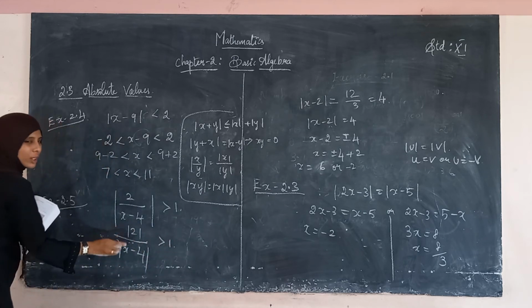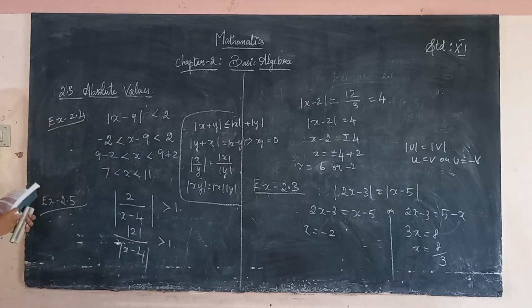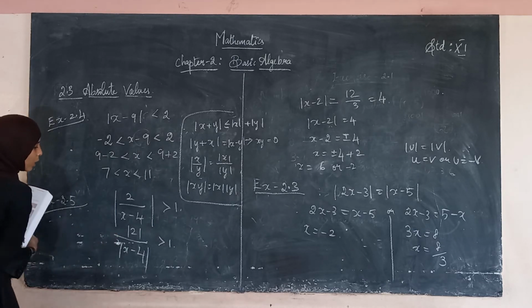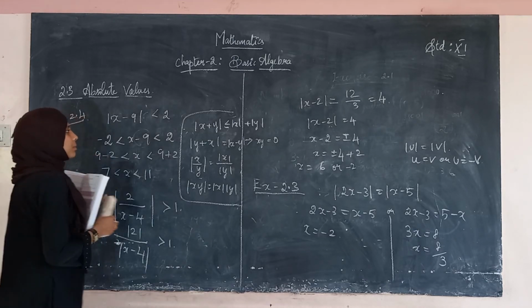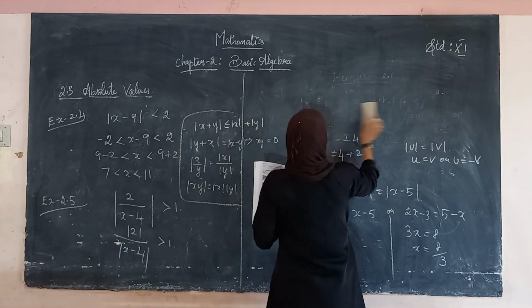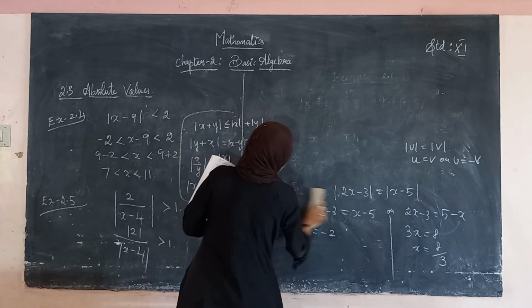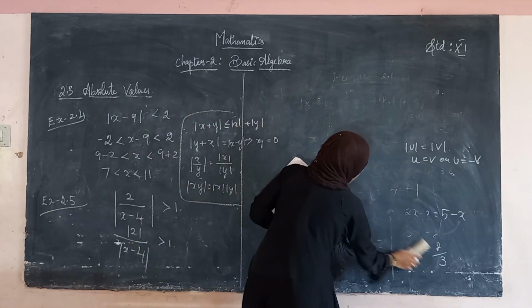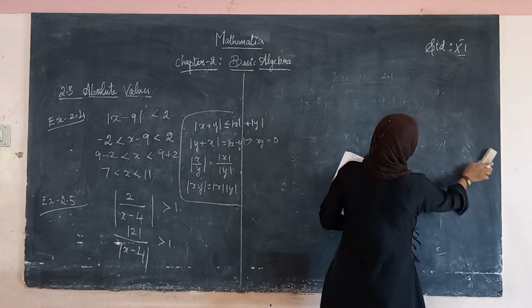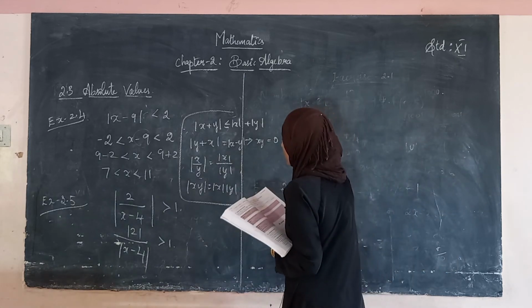So, modulus of 2 is 2. Okay, that is, modulus of any real number is the real number. So, 2 alone. See here, what happens?